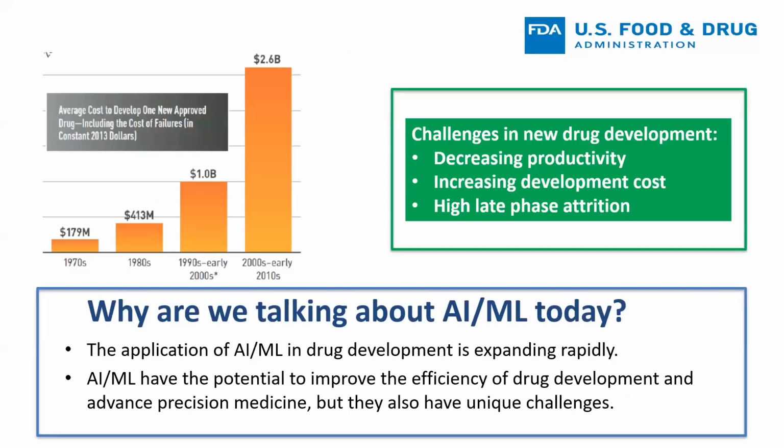I guess everyone here, whether in stats, mathematics, or AI machine learning, knows this trend. Why do we talk about AI machine learning today? I think a lot of the reason is that it provides a new tool and can leverage large amounts of data to improve drug development. That's why everyone is so hyped about AI machine learning.